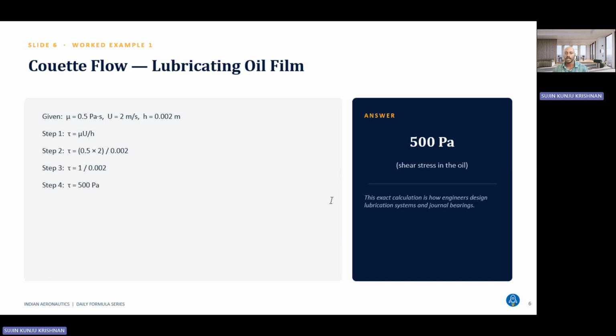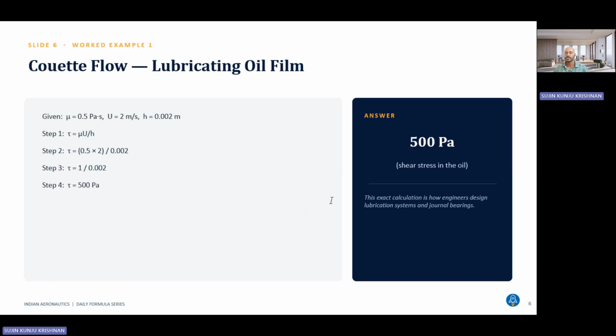Step one, use the Couette flow formula: tau equals mu times U over H. Step two, knowns: mu is 0.5 Pascal seconds, U is 2 meters per second, H is 0.002 meters. Step three, substitute: tau equals 0.5 times 2 divided by 0.002.